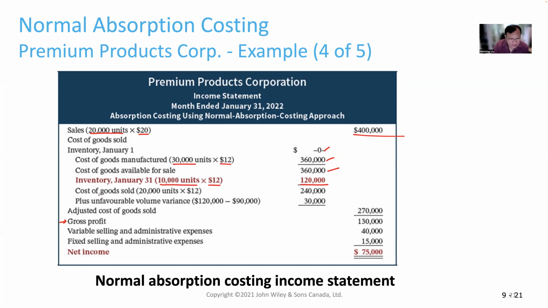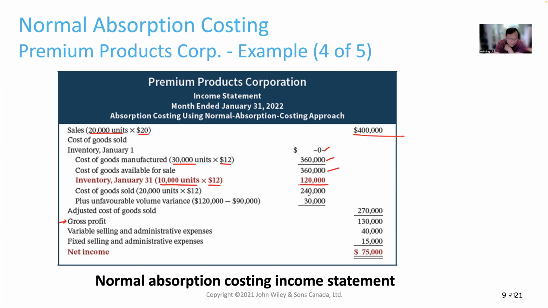And that difference is your cost of goods sold, 240,000. You sold 20,000 units, each one is $12. That's the cost. So 20,000 times 12 will be 240,000. Either way you calculate it, your cost of goods sold is 240,000.